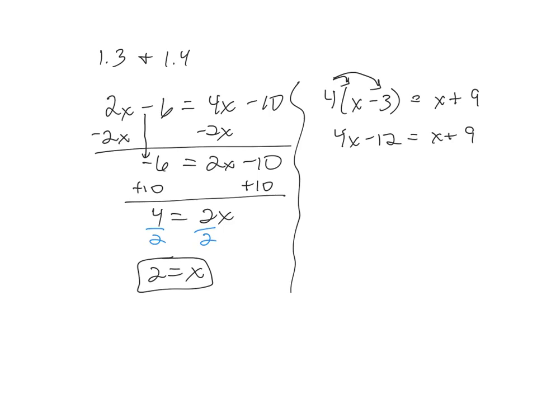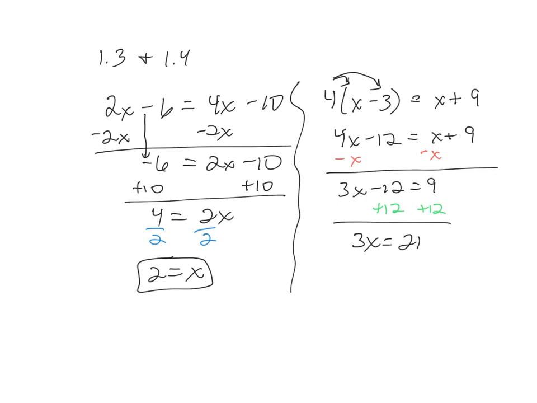So then I'm going to move this x by itself because that's smaller than 4x. And remember, that's just like a 1. So when you subtract it, it's like saying 4 minus 1. And then plus 12. And divide by 3. Okay.